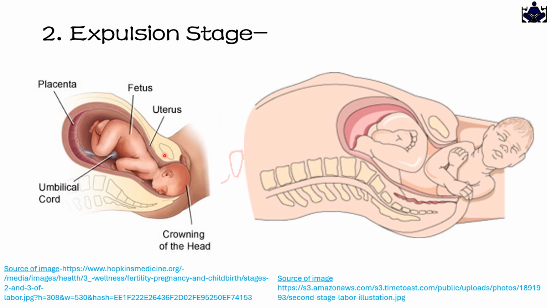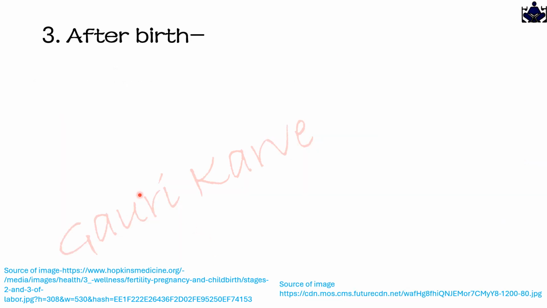And the process of coming out through the cervix is helped by the strong contractions of the uterus as well as the abdominal muscles of the mother. Now in the second stage, what we have seen is that the birth of the child or the fetus has taken place. Now the third stage of the labor, known as after birth.